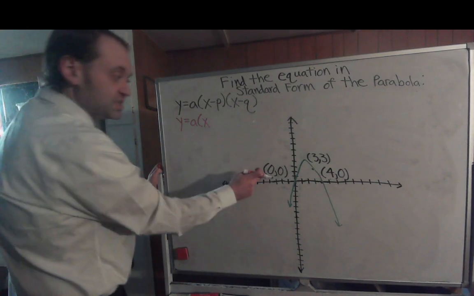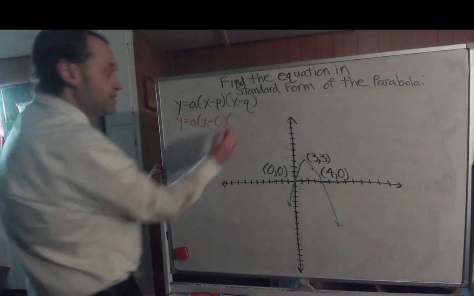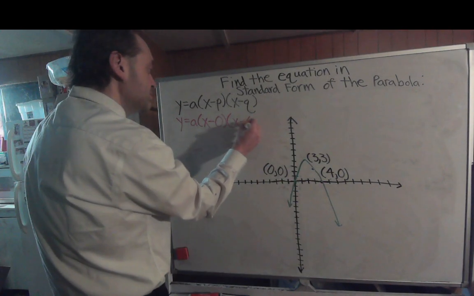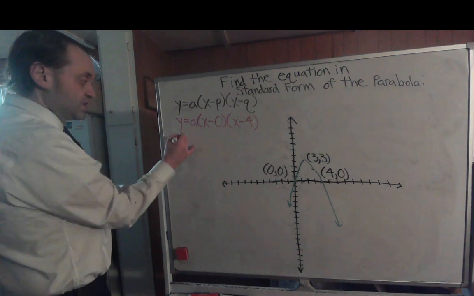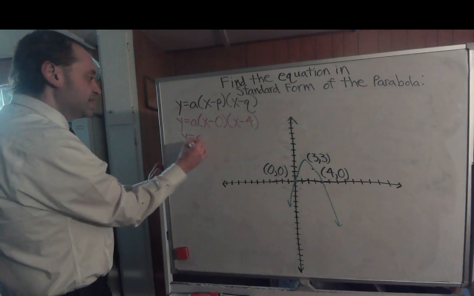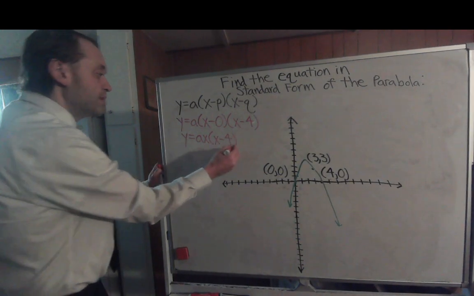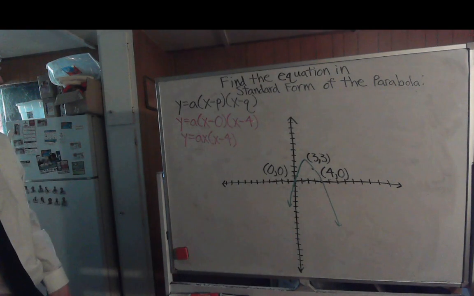Your first intercept is at 0, so x minus 0 times the quantity of x minus your second x-intercept, which should be at 4. X minus 0 times x minus 4. Which could simplify into y equals ax times the quantity of x minus 4. That's going to make your life a little bit easier, because x minus 0 is just x, right?